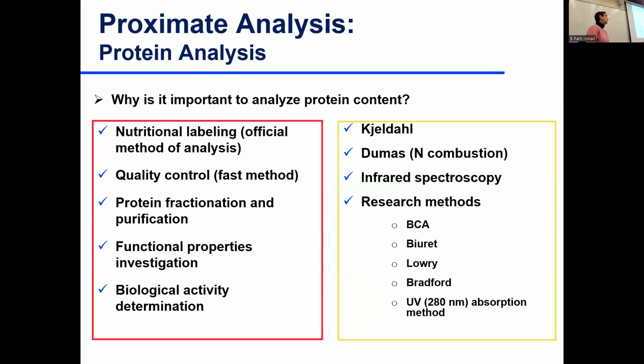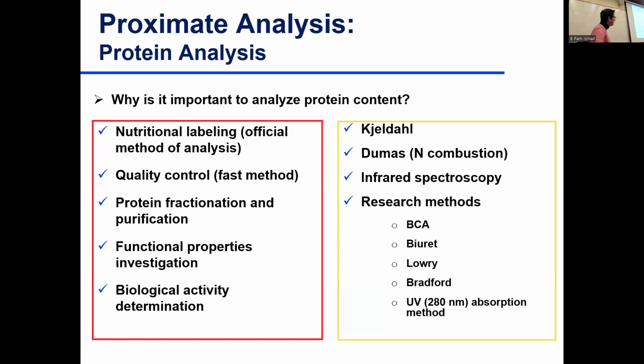Oftentimes it's not possible to get a food sample and prepare an extract where all of your proteins are in a clear solution. That is kind of next to impossible. So we do not use any of these methods to determine protein content in complex food systems.